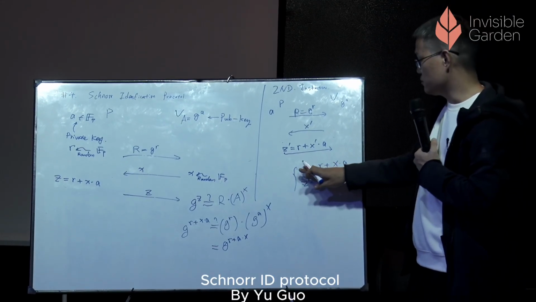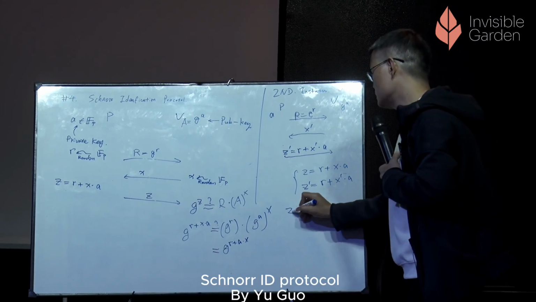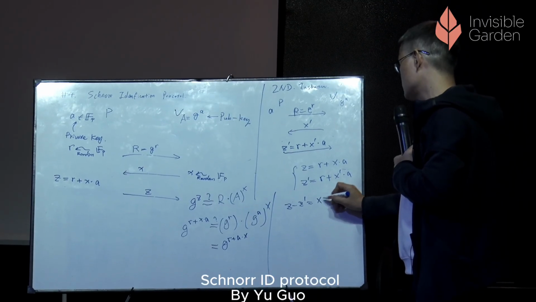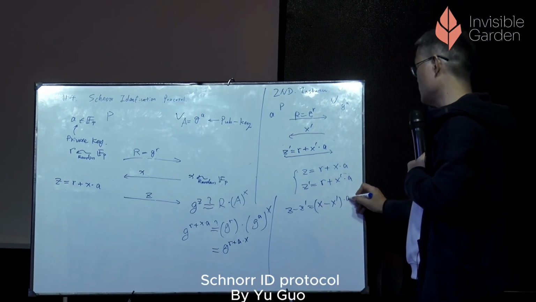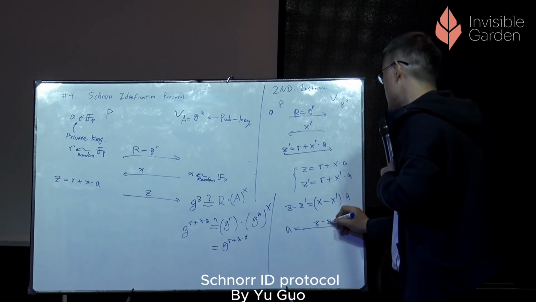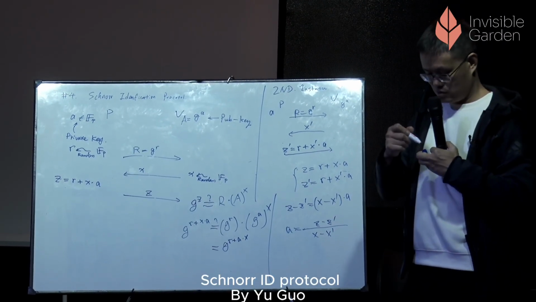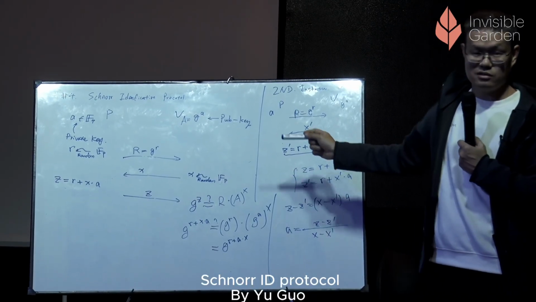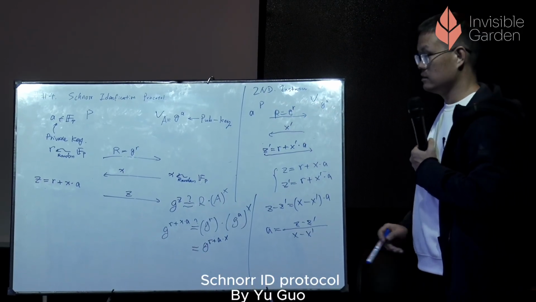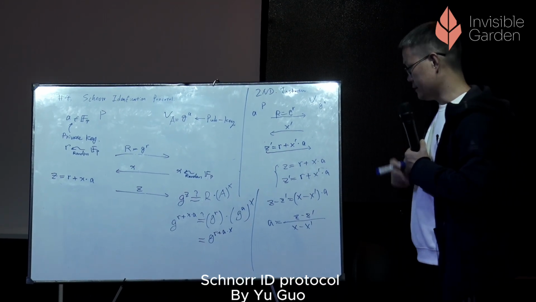We just subtract the second equation from the first, and we get z minus z prime equals x minus x prime times a. Then a equals z minus z prime divided by x minus x prime. So this is very dangerous: if the prover reuses the randomness in the first step, then the protocol is broken easily.